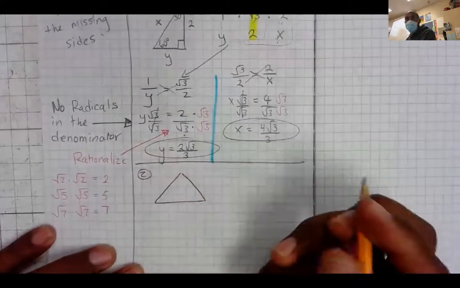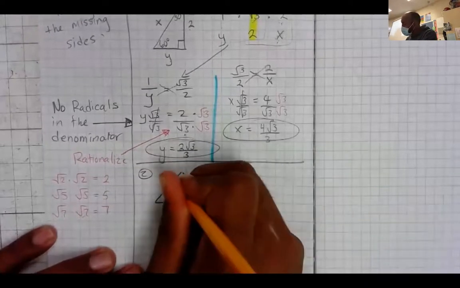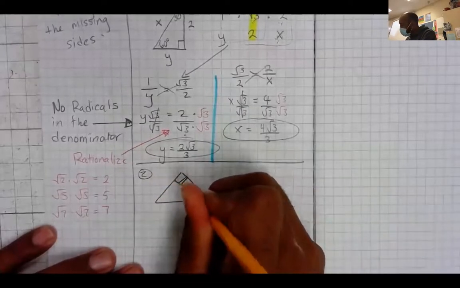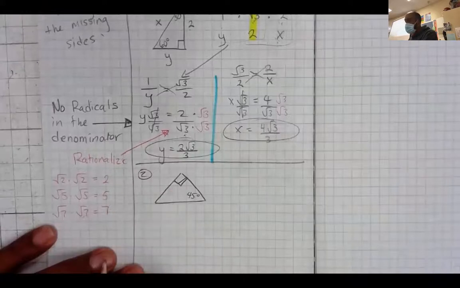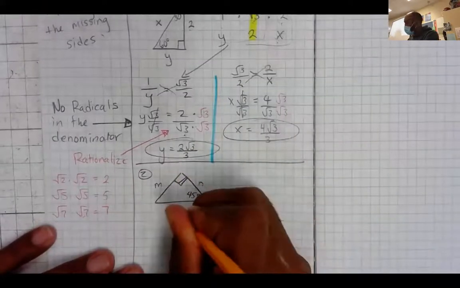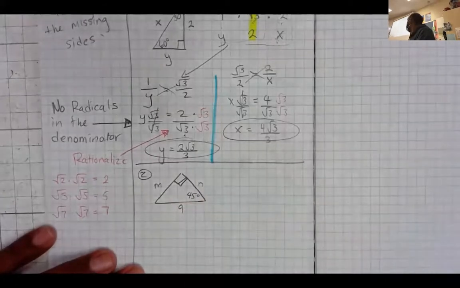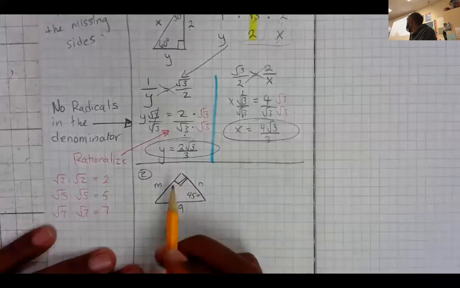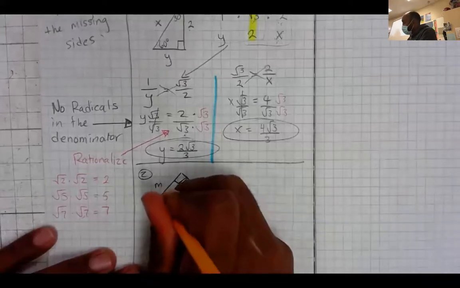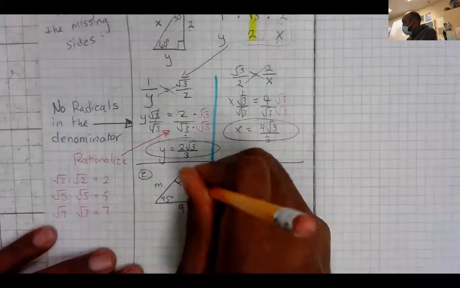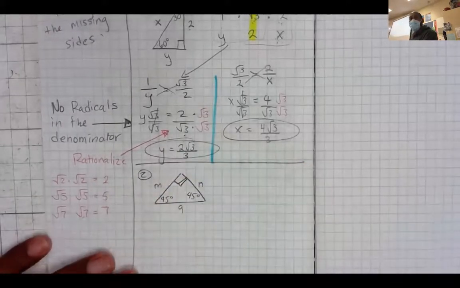So we're going to do the same idea, except this time instead of doing a 30, 60, 90, it's going to be a 45, 45, 90. Same idea, just different ratios. So that's 45 degrees, that's 90, which means the last one will also be 45 degrees. And we're solving for m and n in this case.